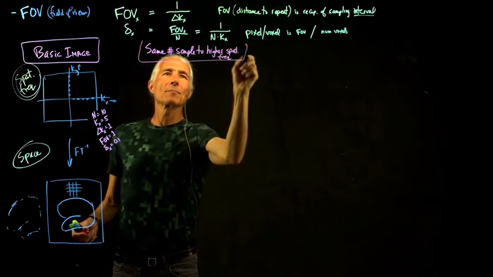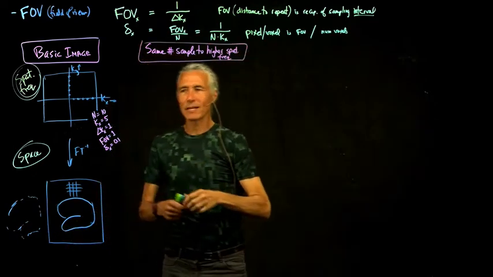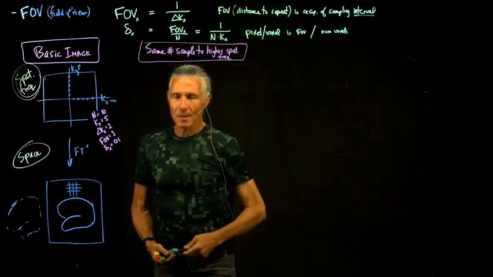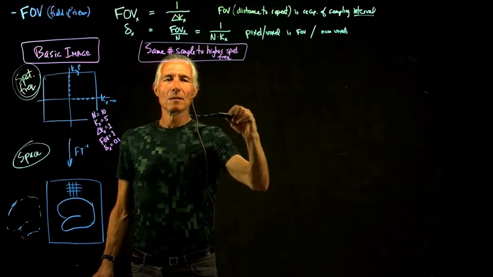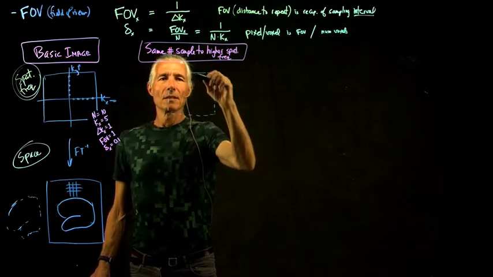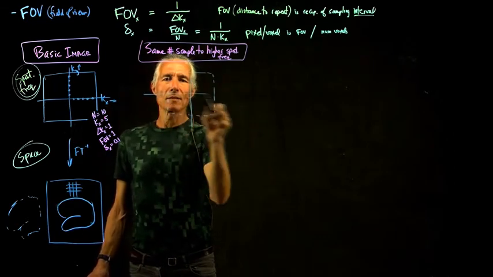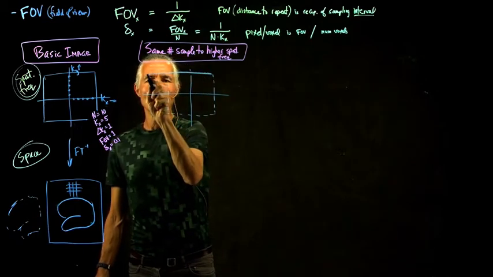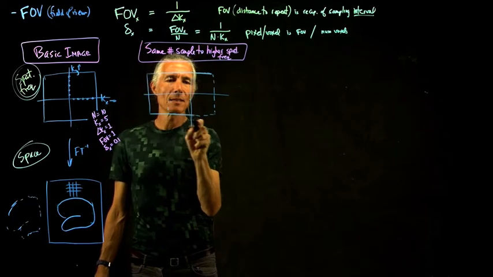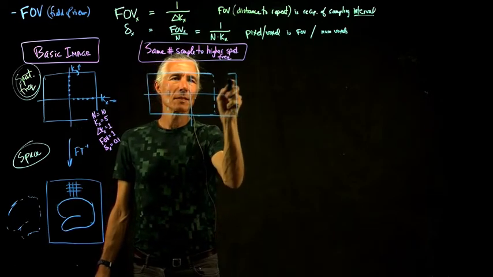So here's our original K space, and we'll just do it in the x direction. If we go out to here, we're doubling our spatial frequency coverage.